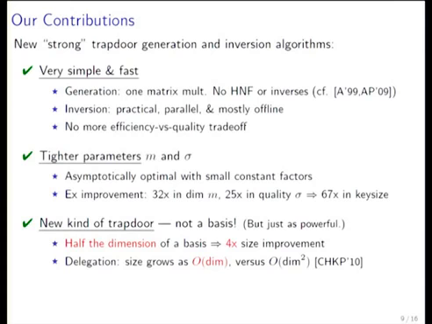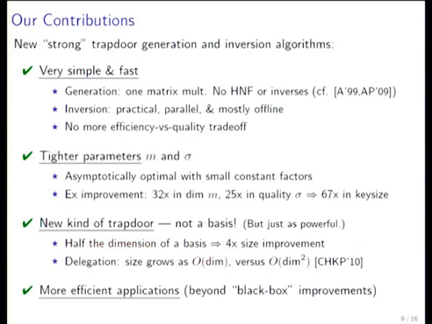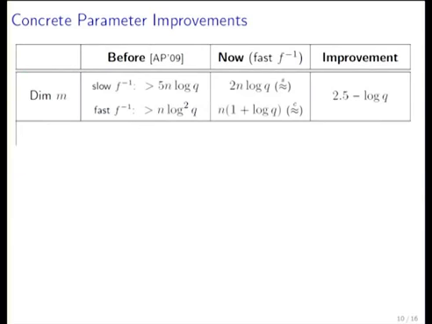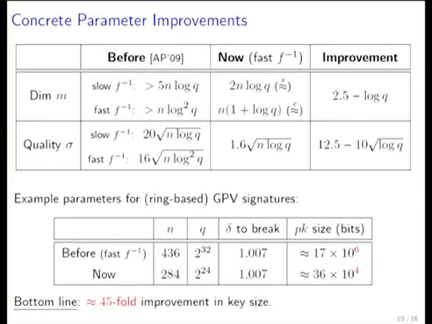Most of the work can be done in an offline stage, and there is no trade-off between efficiency and quality. It gives the best possible optimal quality in terms of sigma, the standard deviation of the inversion algorithm, and also efficiency. And the parameters themselves, m and sigma, are quite a bit smaller than previous work.